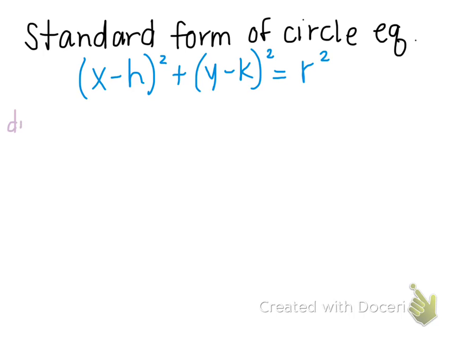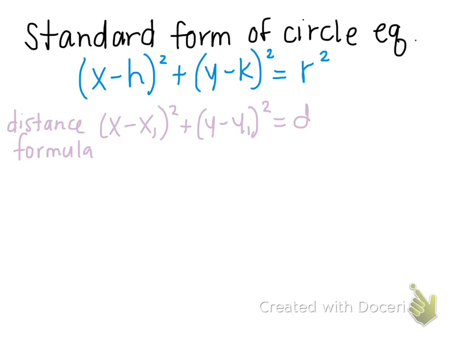And something kind of cool. If you remember the distance formula from geometry, it's really the same formula. The distance formula was (x - x1)² + (y - y1)² = distance squared. So really these are the same equation.